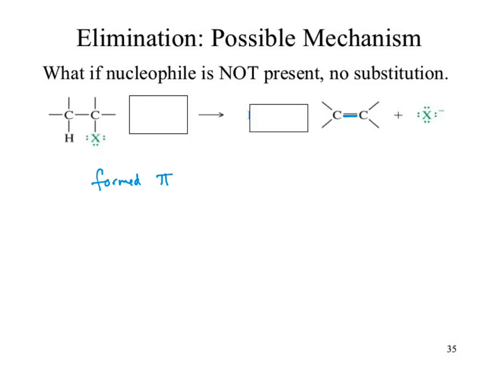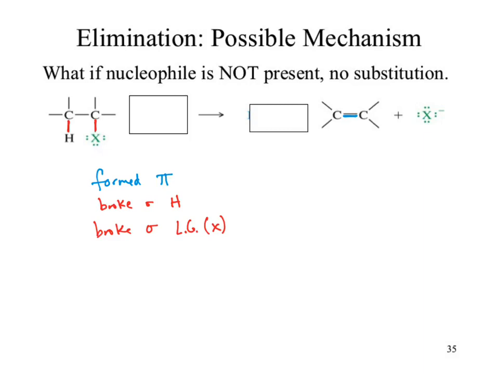You also got rid of a hydrogen. I lost a hydrogen, so I broke a sigma to a hydrogen. There's also a leaving group that left. And I broke a sigma to a leaving group, or in this case, what we called X. The hydrogen is not a leaving group. We'll address that also when we get through it.